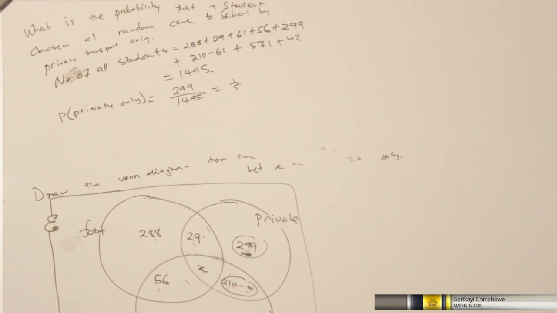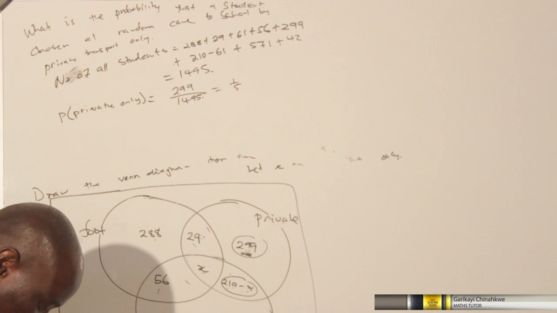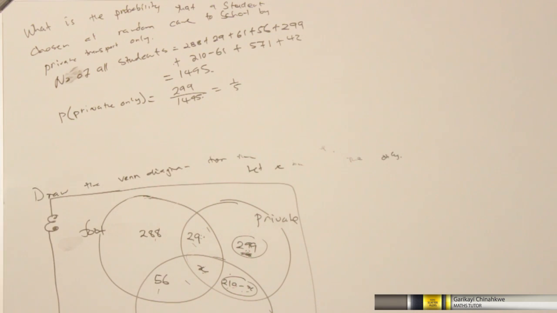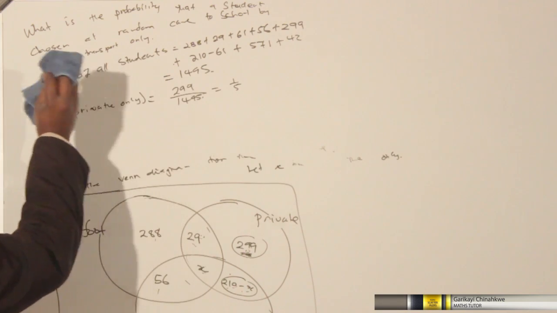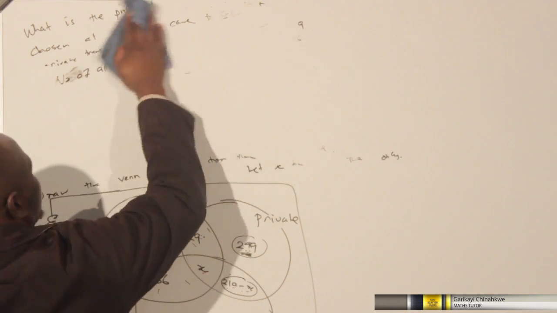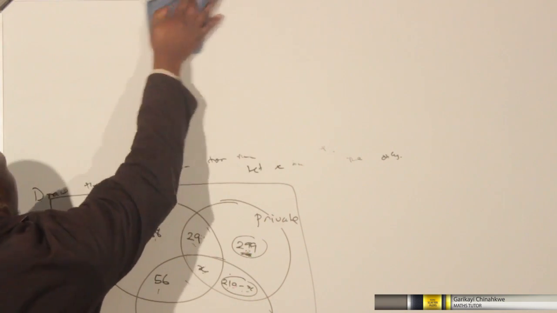Then the last one, what is the probability that a student chosen at random came to school neither on foot nor by public transport? Okay, let me just erase this part so that we can do this question.